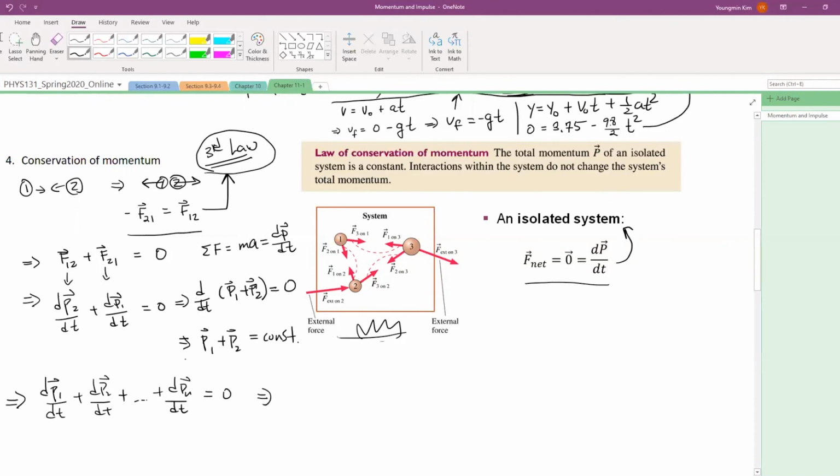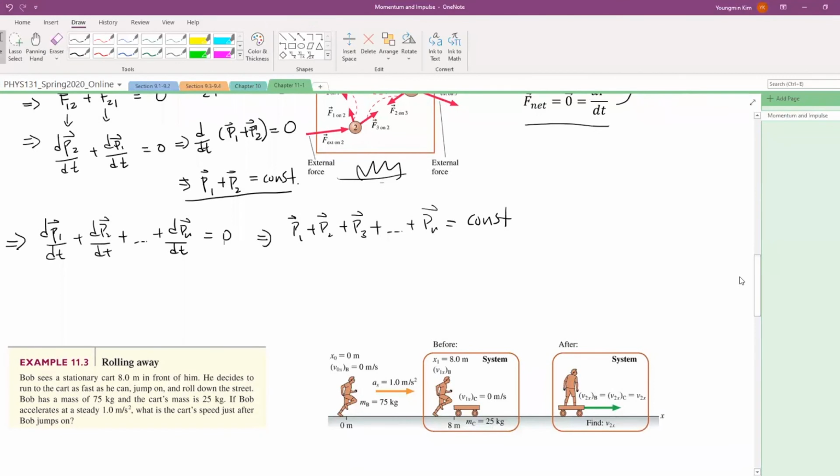And that will still be equal to 0. And as you've written it here, that means the sum of all individual momentums will be constant. Now, we're going to take one step further.